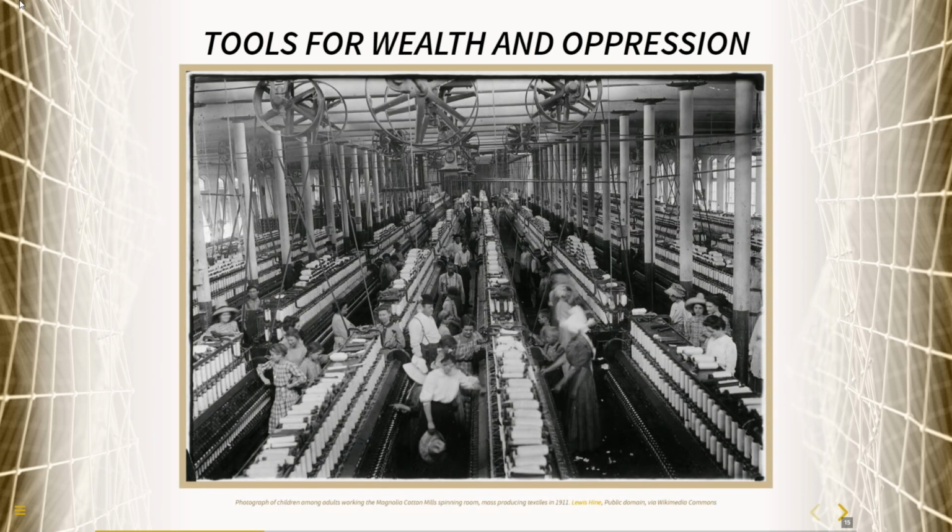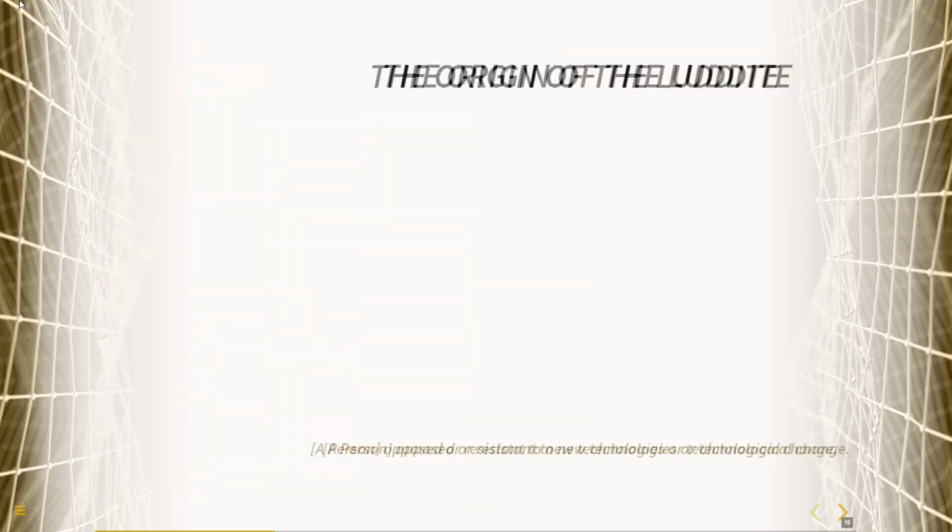As such, tools have the ability to consolidate power and wealth, to oppress as well as to exacerbate systemic issues. It makes it very important for us to really think critically about what it means to design tools.